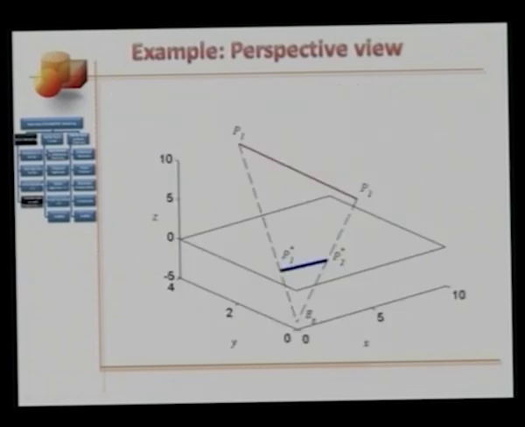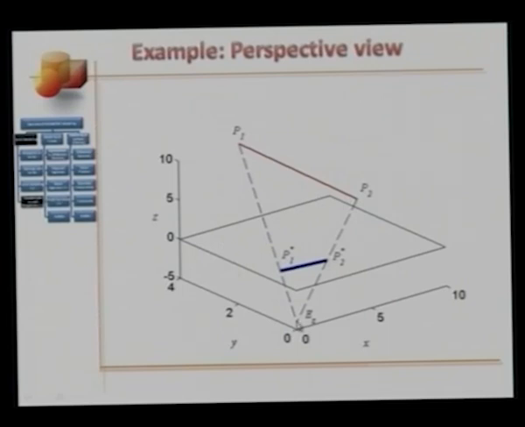We have this figure. The line in red shows the original line joining P1 and P2, and the line in blue shows the perspective image of this line in red on the xy plane.